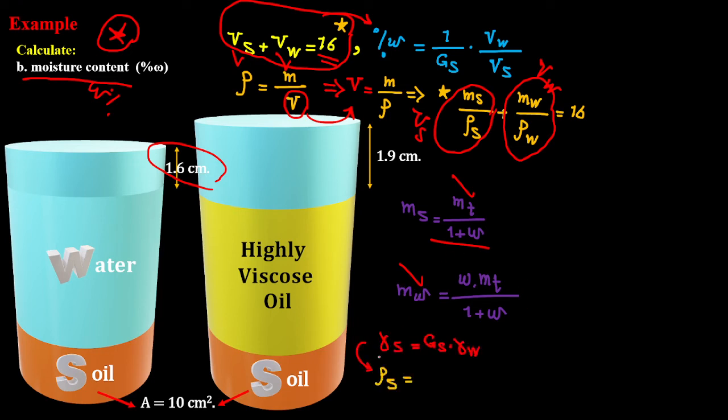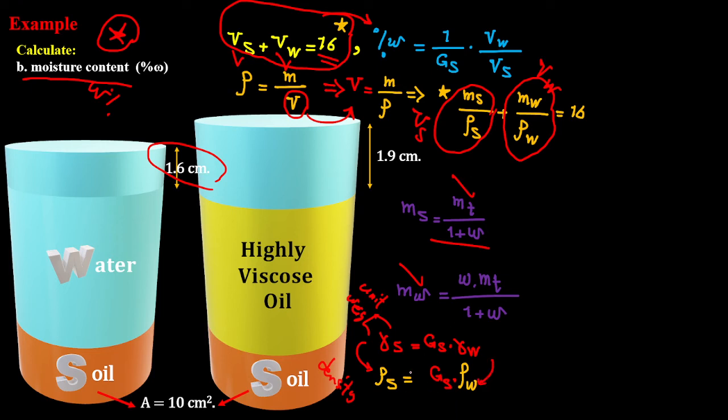At the same time, we know gamma s is Gs times gamma w if we write it based on unit weight. This is unit weight, and this is density: rho s is likewise Gs, specific gravity, times, this time not gamma w, just rho w.